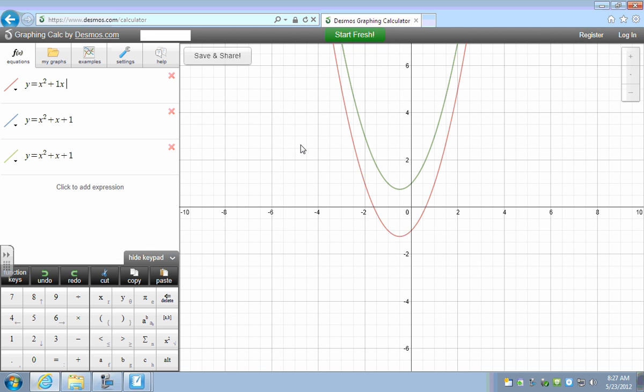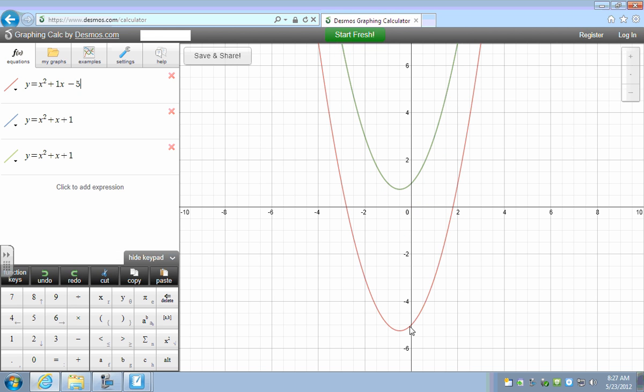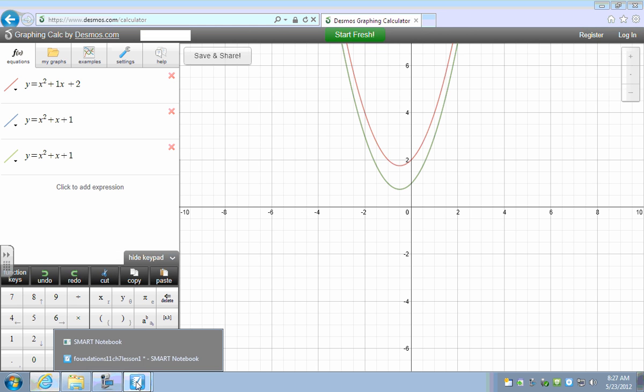If we change this to -5, you can see now where it crosses. If we put +2, you can see it crosses at +2. So the values of a, b, and c shift the graph, and they summarize this in your textbook.